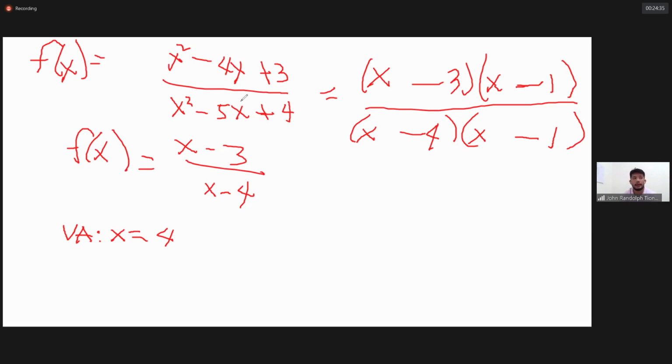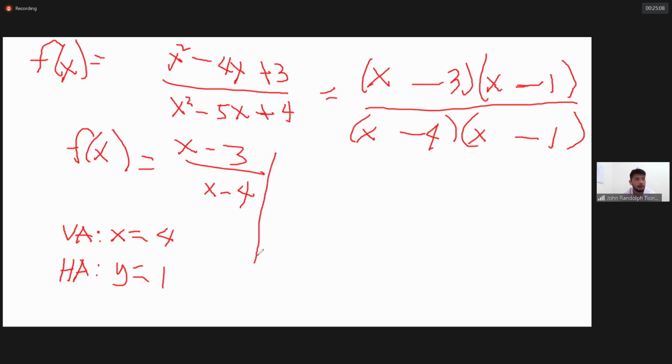So ano ba yung leading coefficient natin dito ng x squared? Di ba 1 lang? Okay? So the graph has the line y equals 1. Kung 1 lang yan, so 1 divided by 1. So therefore, our horizontal asymptote is just simply equal to y equals 1. Not x equals 1, but y equals 1 as our horizontal asymptote. Okay?